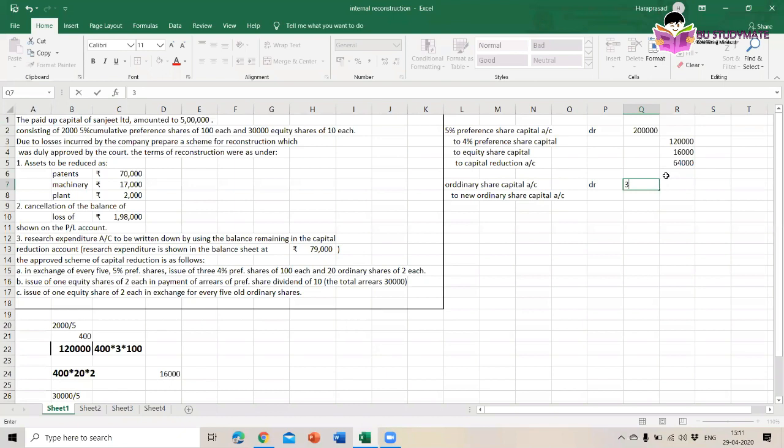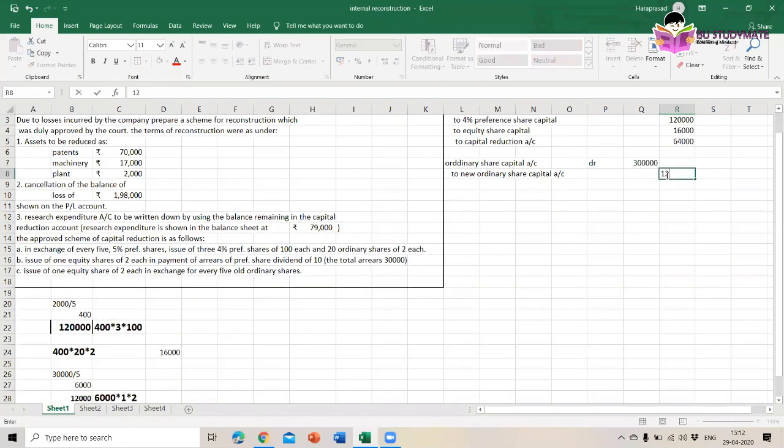Okay, 12,000 rupees. Then the remaining amount goes to capital reduction account, 2,88,000.